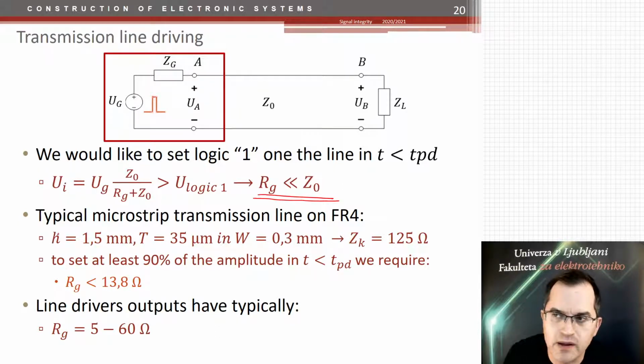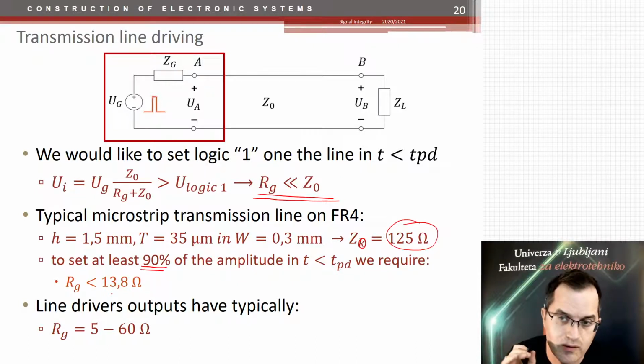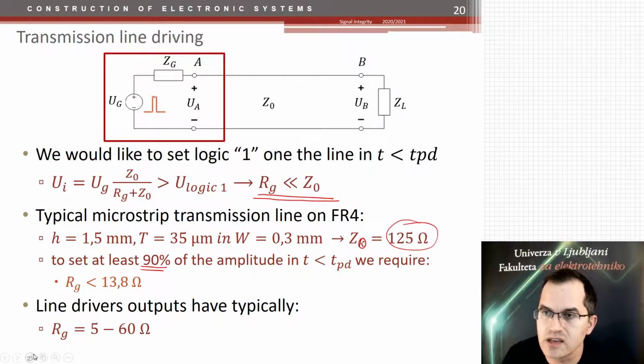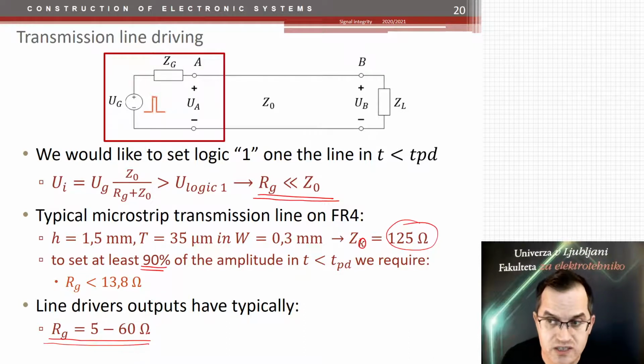And if we take a typical microstrip transmission line on FR4, we get to around 125 ohm characteristic impedance, which would require very low resistance of the source, because we want to achieve, let's say, 90% of the maximum voltage already at the beginning. So these line drivers that are used in digital systems to drive the transmission lines typically have these low output source resistances.